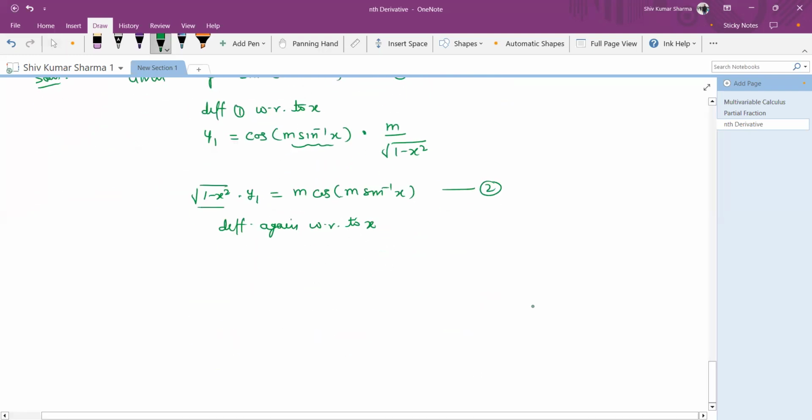So we use the first-second rule. This is our first function and this is the second function. So we have the differentiation of first. What is the differentiation of first? So 1 by 2, (1 minus x square) raised to the power minus 1 by 2, into minus 2x, into the second function, we write the same, plus root 1 minus x square into y2.